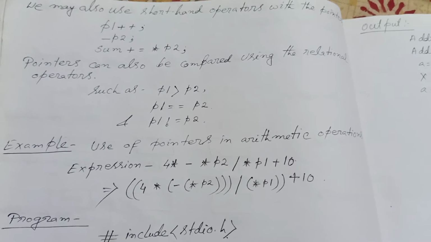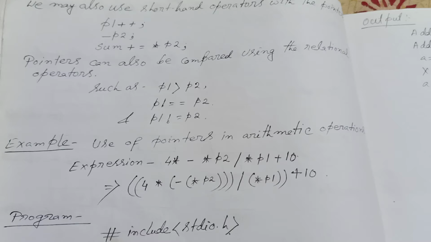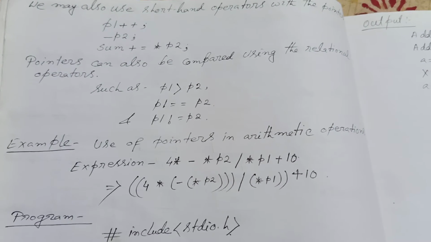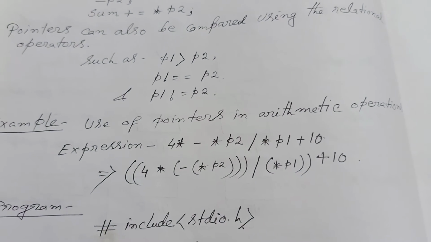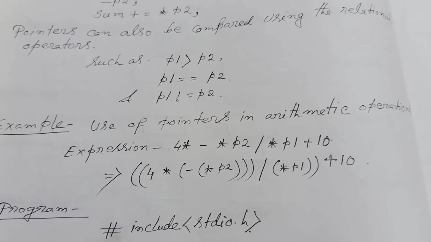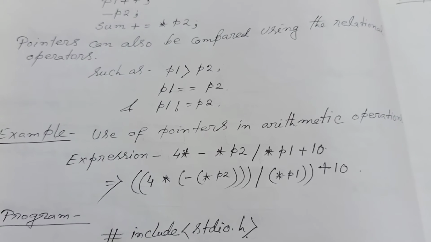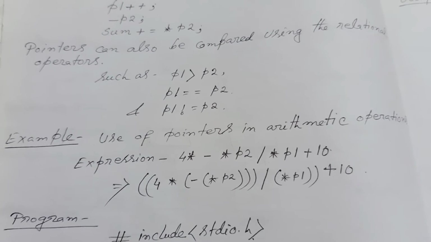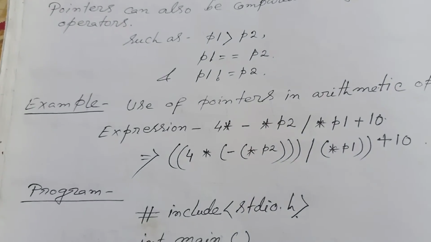And pointers can also be compared by using relational operators such as P1 greater than P2, P1 equal to P2, and P1 not equal to P2. Such relational operators can also be performed on pointers. So let's take an example to make all these expressions clear.